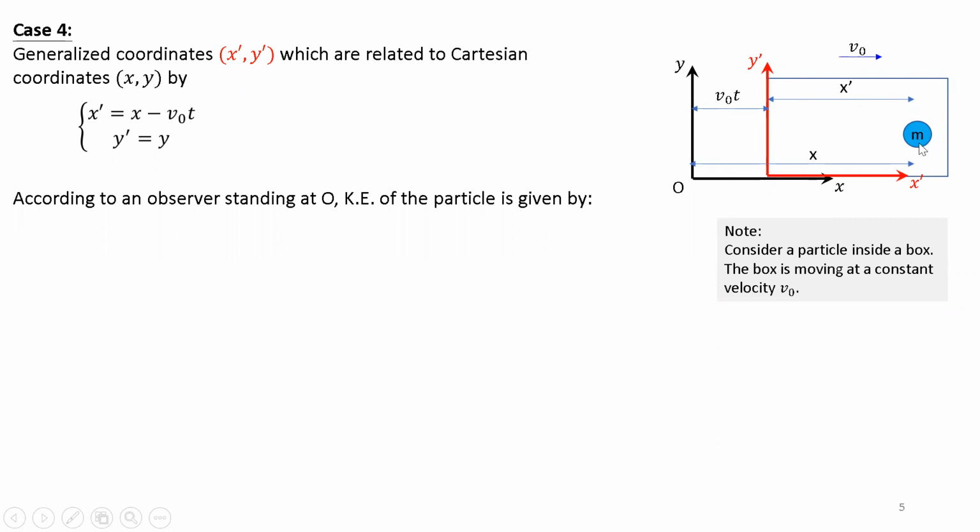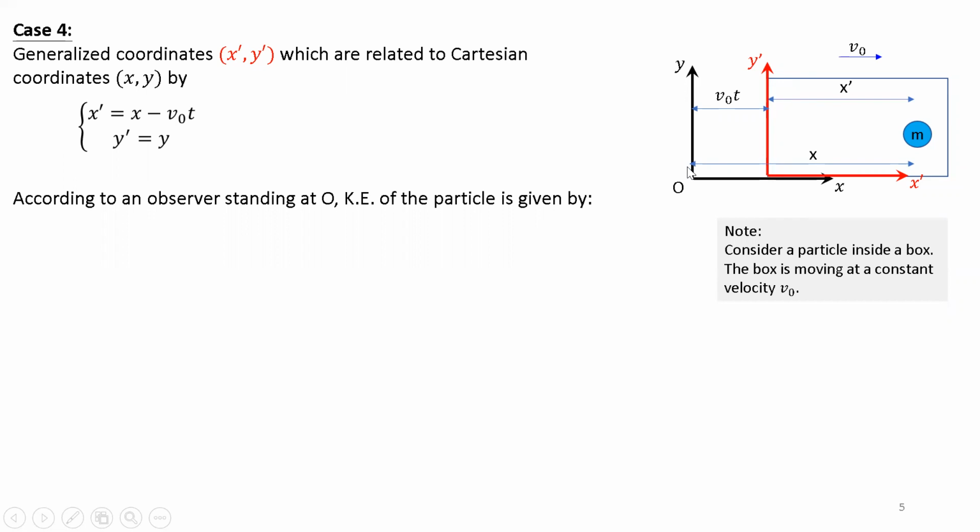Now the x prime y prime that I define would be indicated over here. You can see that. The x prime is the distance between the backside of the car and the particle, and the x is the distance between this particle and this fixed point here.